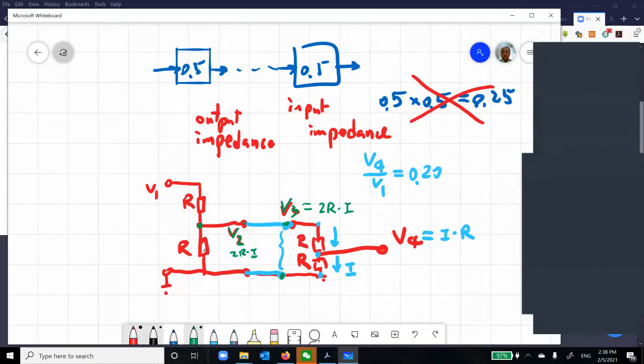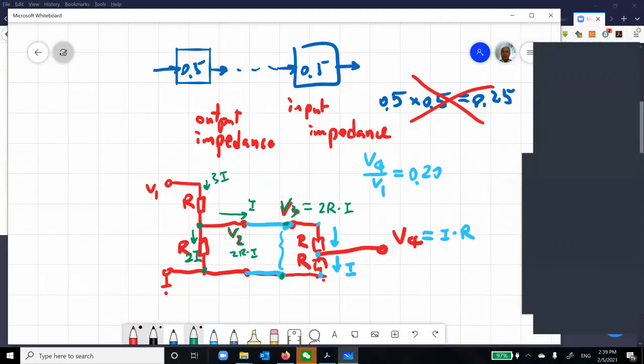So this voltage is 2R times I, so what is the current in this R? This is 2I, right? So remember, you have an I here. This is I. Then you have 2I here. What is the current here? 3I, right?